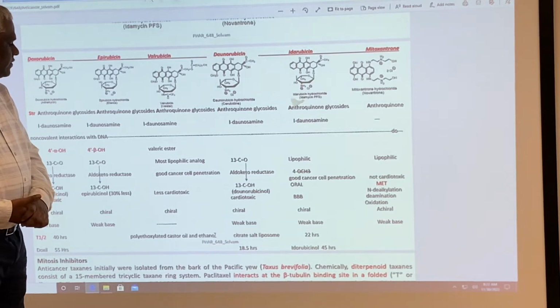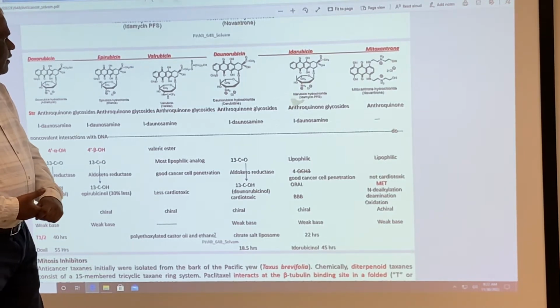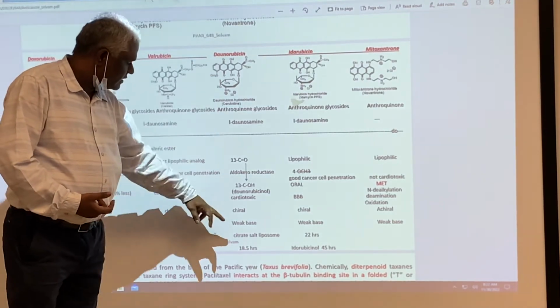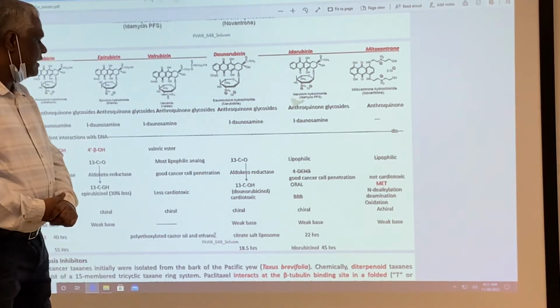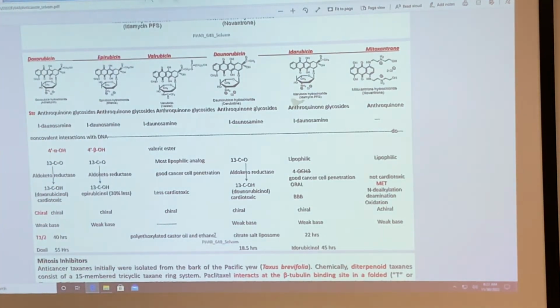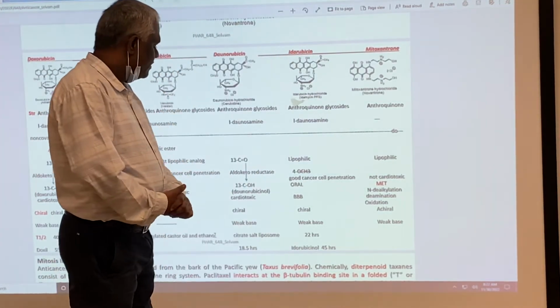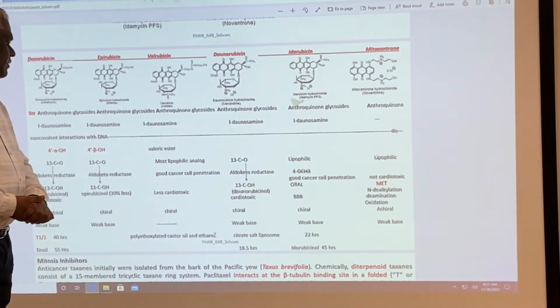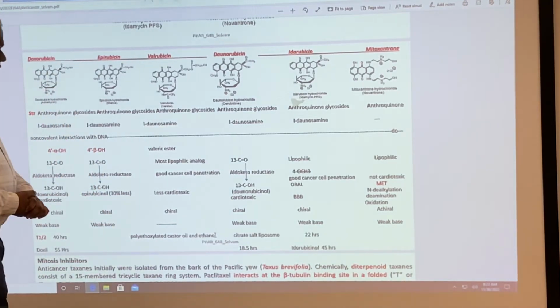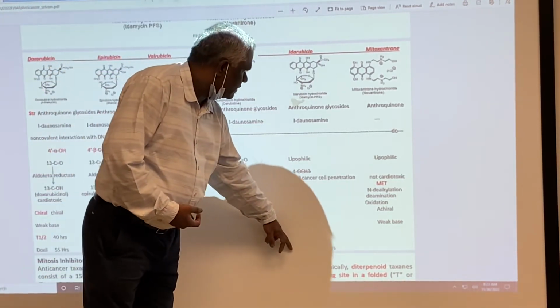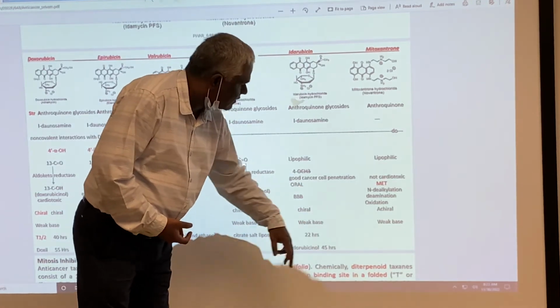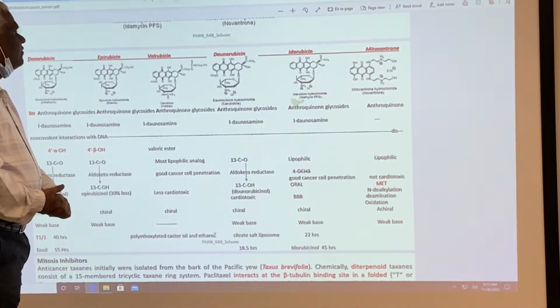That is the one used for the formulation. And daunorubicin formulation is available with citrate salt with the liposomes. That's a commercially available formulation. The half-life for idarubicin is 22 hours. The half-life for idarubicinol, the alcohol metabolite, is 45 hours.